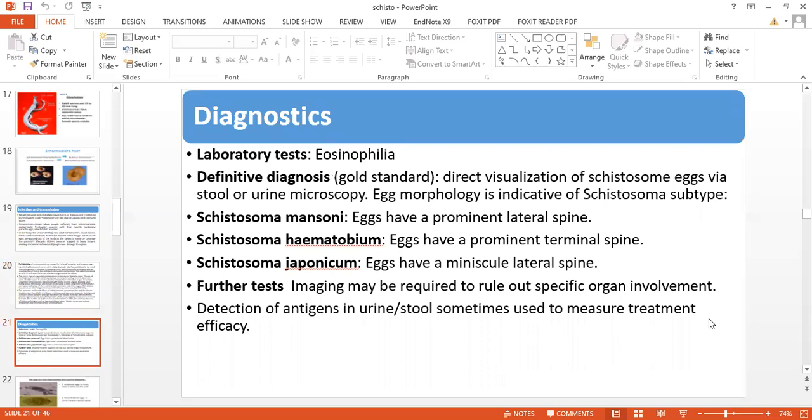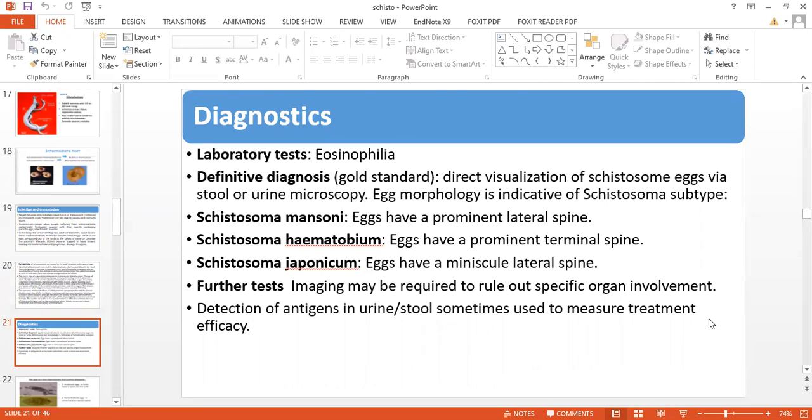For diagnostic purposes, among the tools available, laboratory tests can give us a clue if there is eosinophilia, but the definite diagnosis is direct visualization of the schistosome egg via stool or urine microscopy. Egg morphology is indicative of the schistosoma subtype. There are typical features for each subtype.